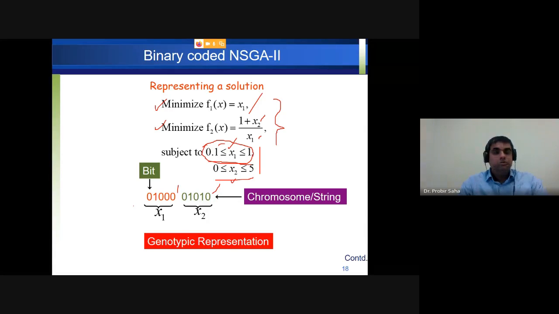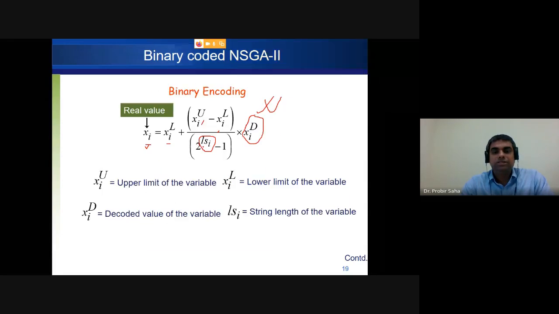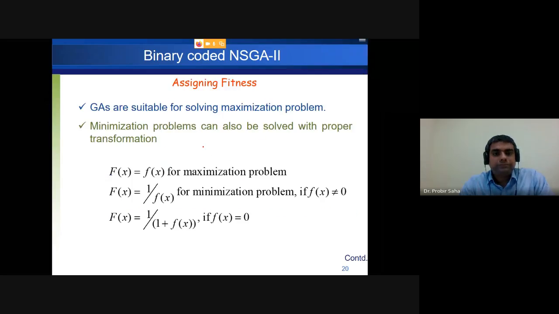So it is you who has to forcefully convert it, with linear mapping rules, within the upper and lower boundary of this decision variable. So you have to do it for x1, and you also have to do it for x2 using the same formula.